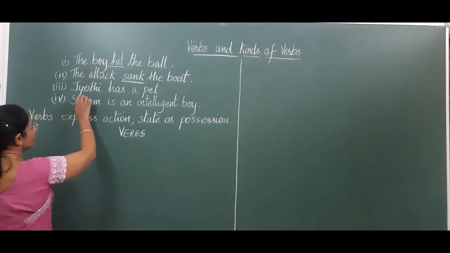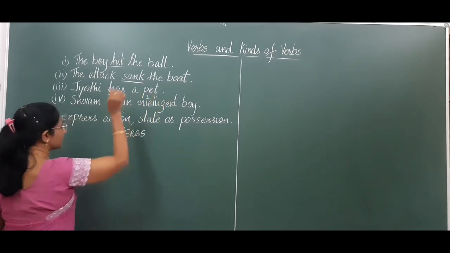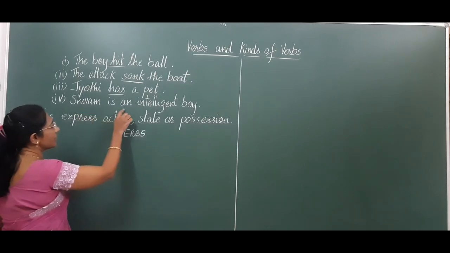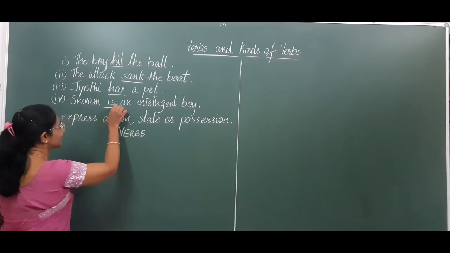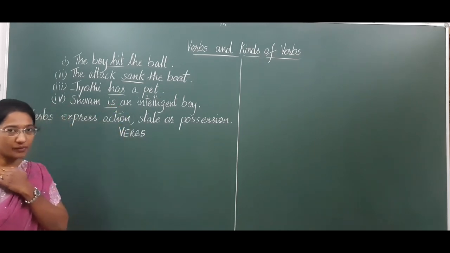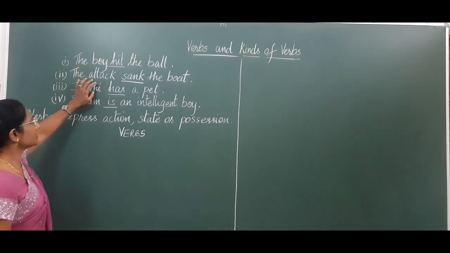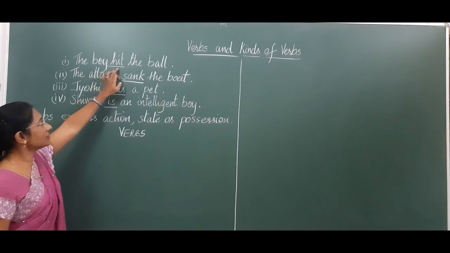Well, Jyoti has a pet. Has is a verb. Shivam is an intelligent boy. Is a verb. Here we see in the first two sentences, the action is very clear. The boy hit the ball.